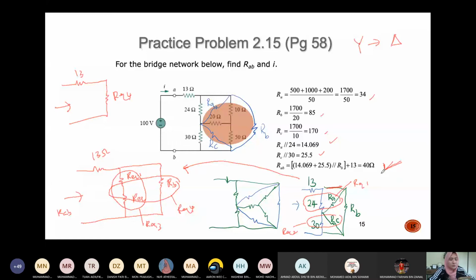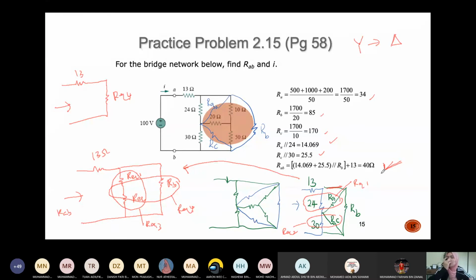Okay, so one question, for the labeling of RA, RB, and RC, is it randomly placed or according to order? What do you mean? No, it's randomly placed.